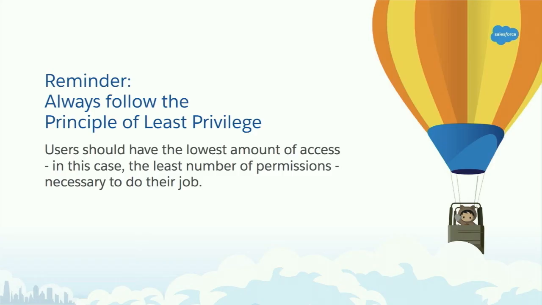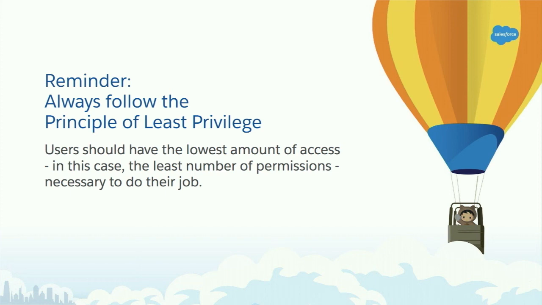And since we're talking about permission sets, I wanted to briefly talk about the principle of least privilege. This is a fundamental tenet of information security, if people aren't familiar with it. It means that users should always have the least number of permissions necessary to do their job. Why, you might ask?